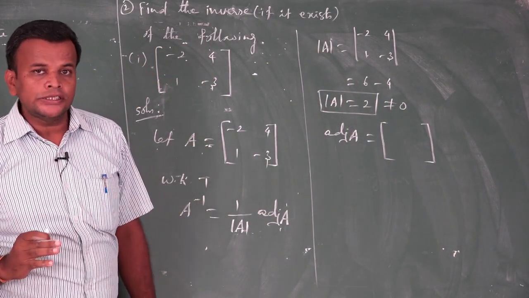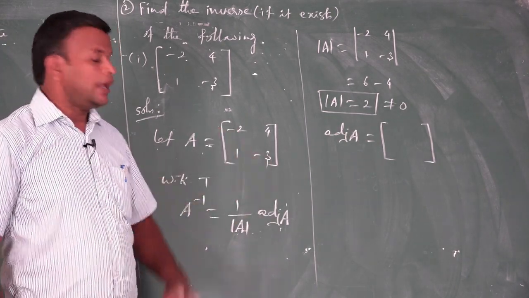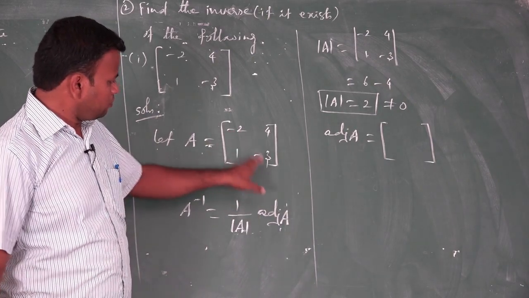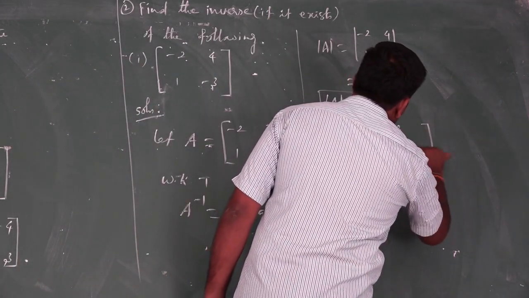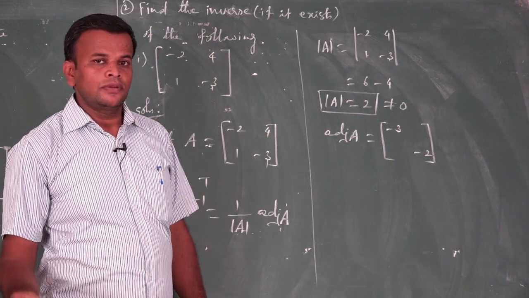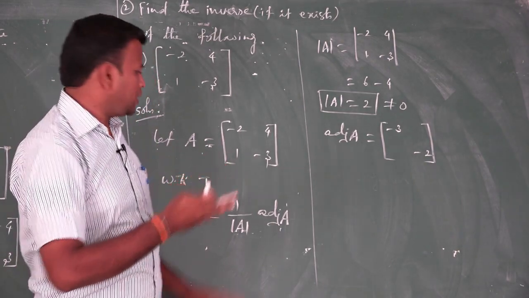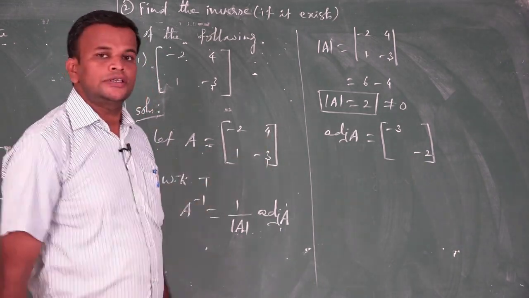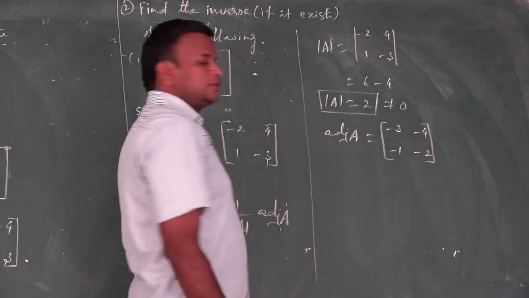First we interchange the leading diagonal elements. Minus 2, minus 3 is there. We interchange and get minus 3, minus 2. The next step, we change the sign of the remaining 2 elements. Plus 1, plus 4 is there, so it becomes minus 4, minus 1.